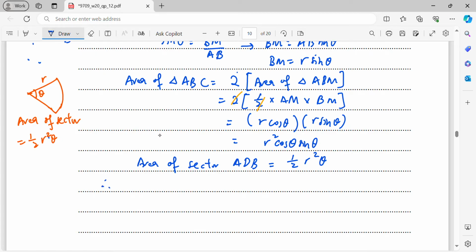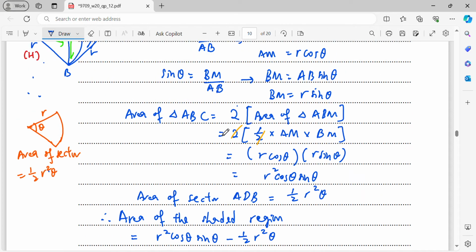So now area of the shaded region, that is area of triangle minus area of the sector. Okay, so this is your solution.